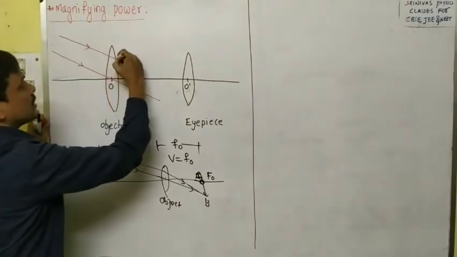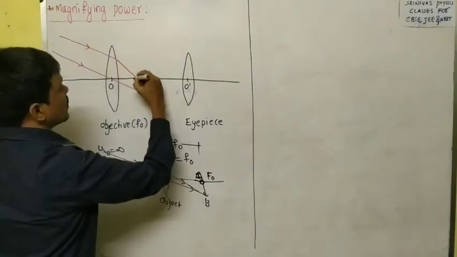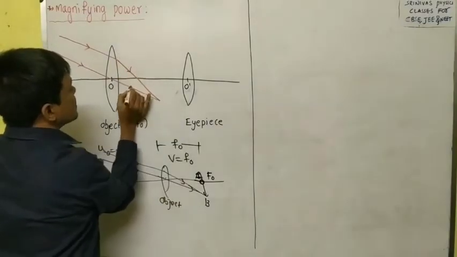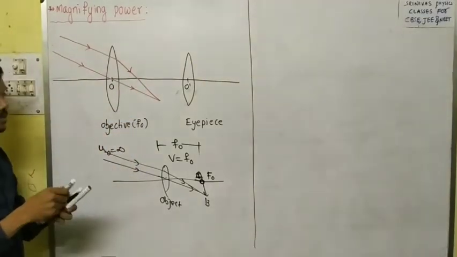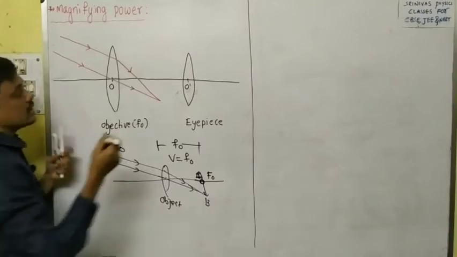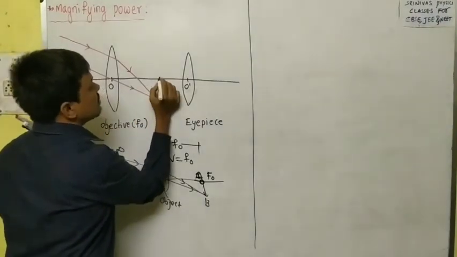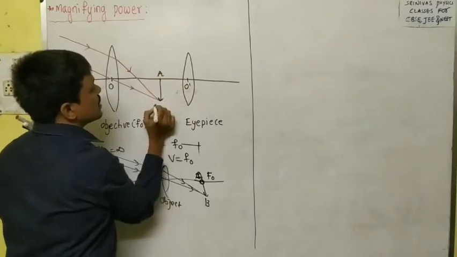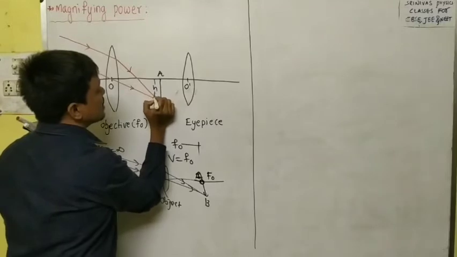After the refraction, they will meet at a point, and where they meet, there the image will form. The light rays are really meeting, that's why a real image forms here. The image we can take as AB, and the image height I will take as H.